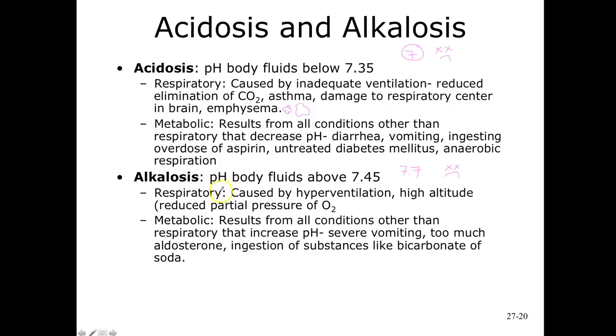So respiratory alkalosis is going to be caused by too much hyperventilation where we can't control it anymore, or going to high altitude areas where we have reduced partial pressure of oxygen. Metabolic alkalosis will result from all conditions other than respiratory that are going to increase pH. So vomiting, too much aldosterone, ingestion of substances like bicarbonate of soda.